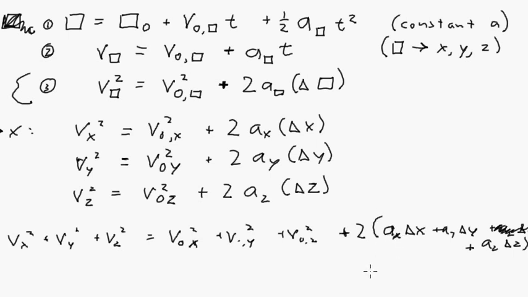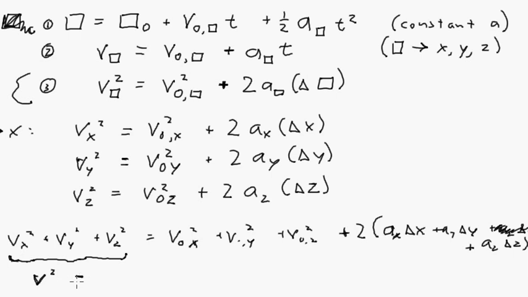So what we can see if we look at this is that we're taking the x component of the velocity, squaring it, adding it to the square of the y component of the velocity, and adding it to the square of the z component of the velocity. Now, if you remember the Pythagorean theorem, what we're really doing here is just finding the square of the magnitude of the velocity, which, as you'll recall, is just the speed.